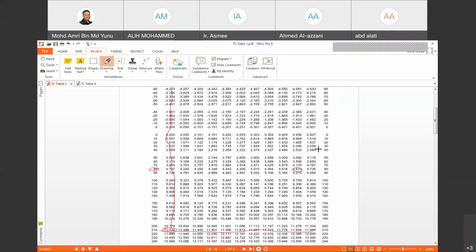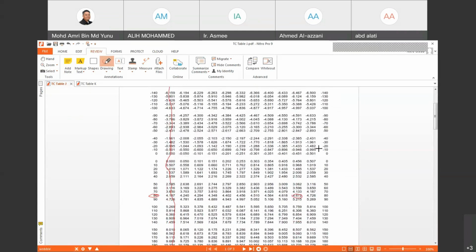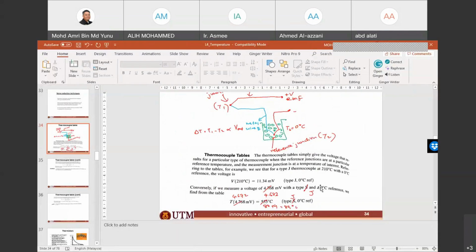So our temperature difference will be 80 plus 9. Therefore, based on the table, if we measure a voltage of 4.672 millivolt with type J at 0 degrees reference, the temperature will be 89 degrees Celsius.